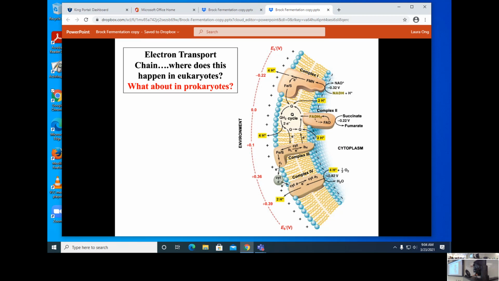So if the electron transport chain stops, and NADH is all reduced and not recycled back to NAD plus, eventually glycolysis will also stop.